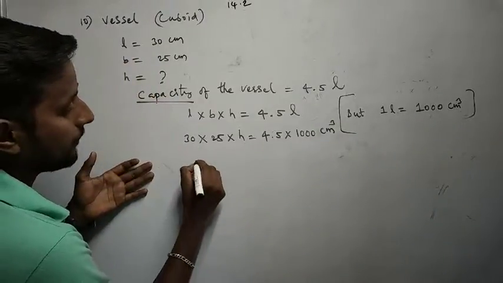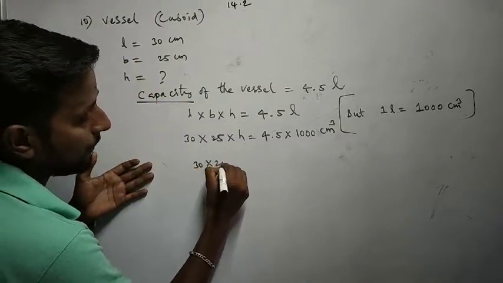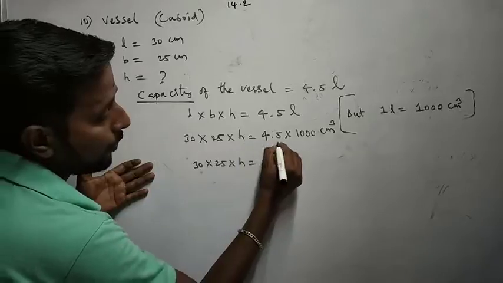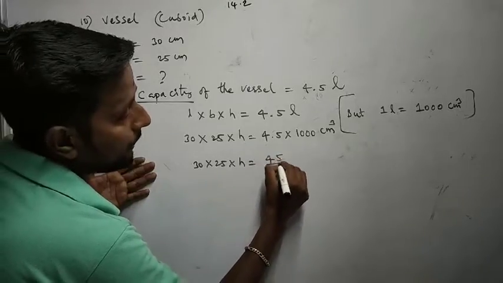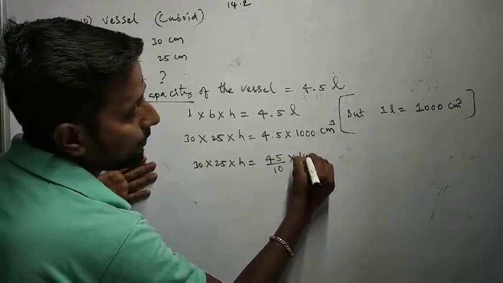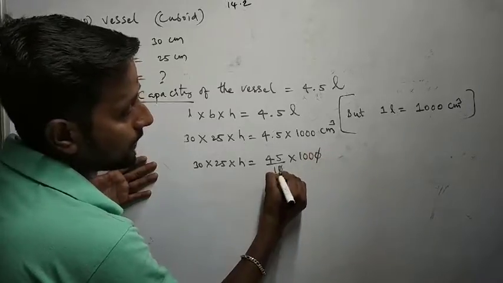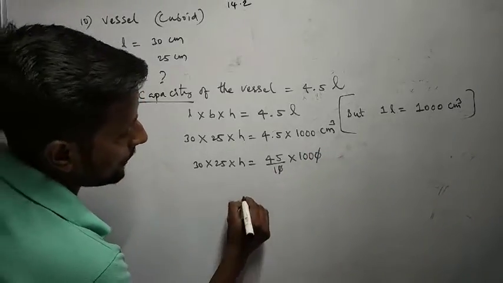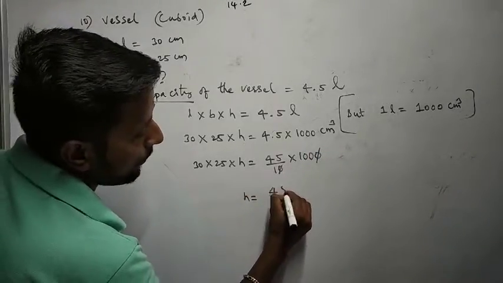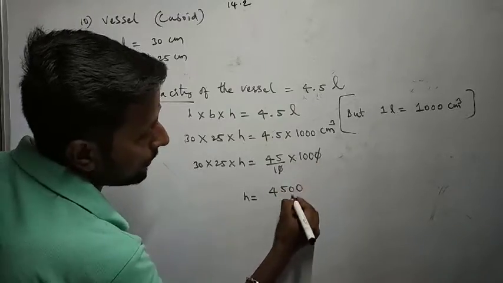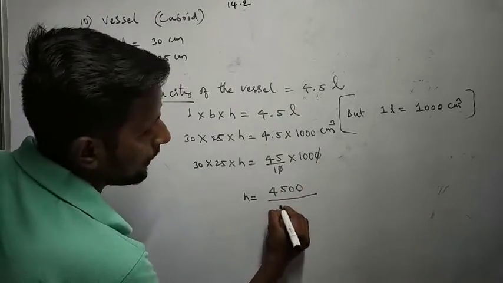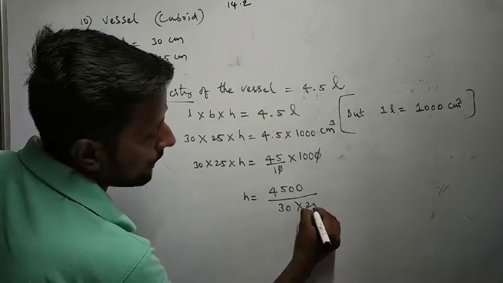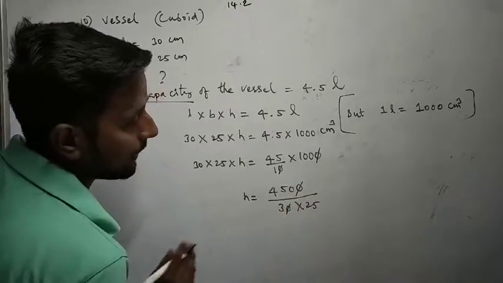Okay, next step, write down 30 into 25 into H. 4.5 is nothing but 45 by 10, into 1000. So 0 and 0 get cancelled. So in the next step, H is equal to 4500, 2 zeros only, no? 2 zeros by 30 into 25. Again 0 and 0 get cancelled.